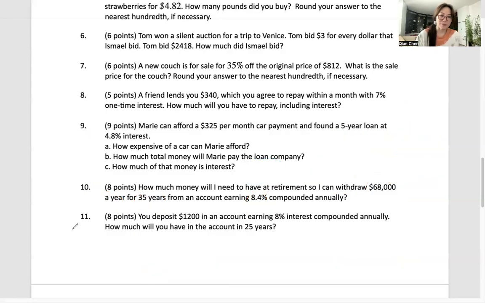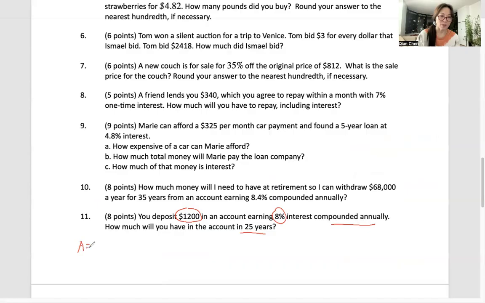Now let's see 11. You deposit $1,200 in an account earning 8% interest compounded annually. How much will you have in that account in 25 years? So which formula to use? Compound, right?